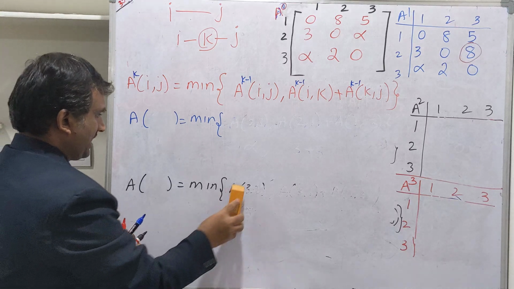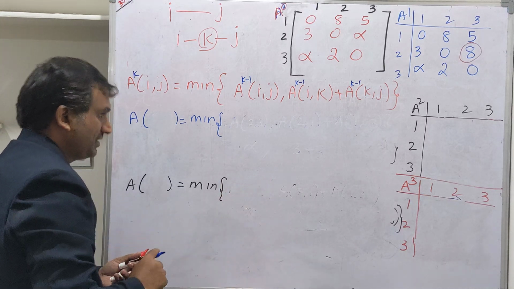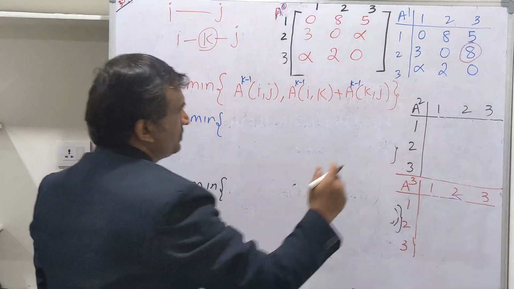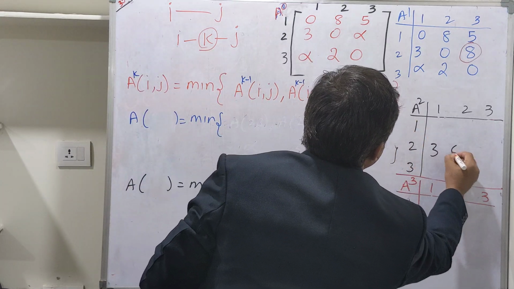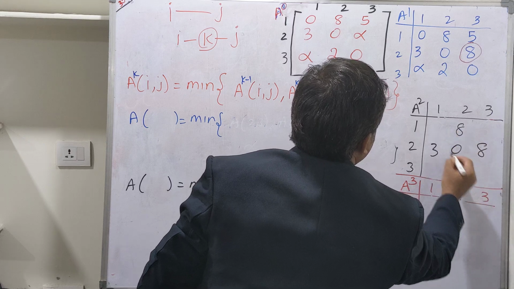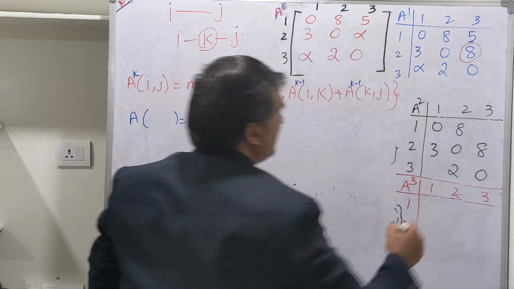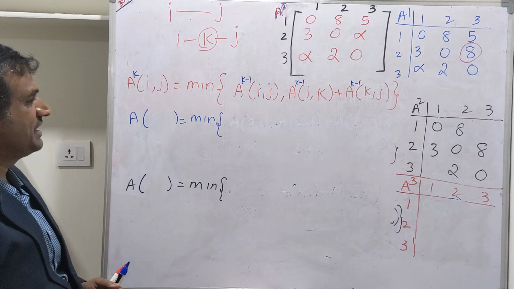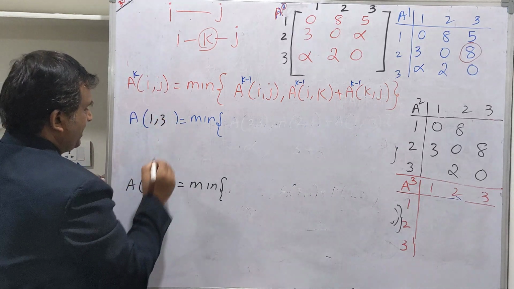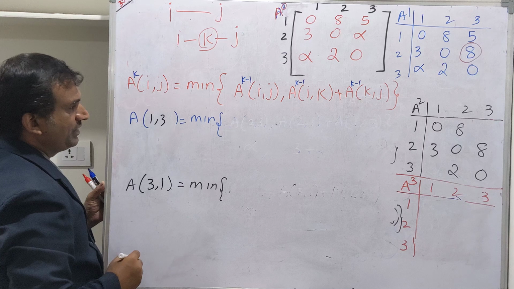Now let us start calculating the remaining level. Let us calculate A2. In A2, the second row will be as it is, 3, 0, 8, and the second column will be as it is, 8, 0, 2, and the diagonals will be the same. The remaining values we calculate, that is 1,3 and 3,1.